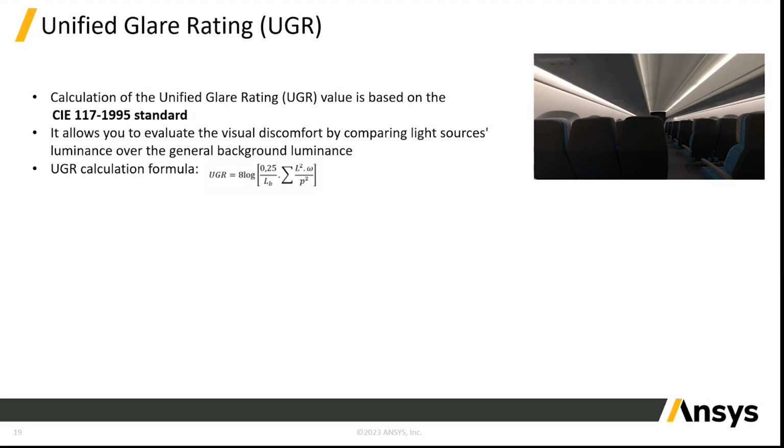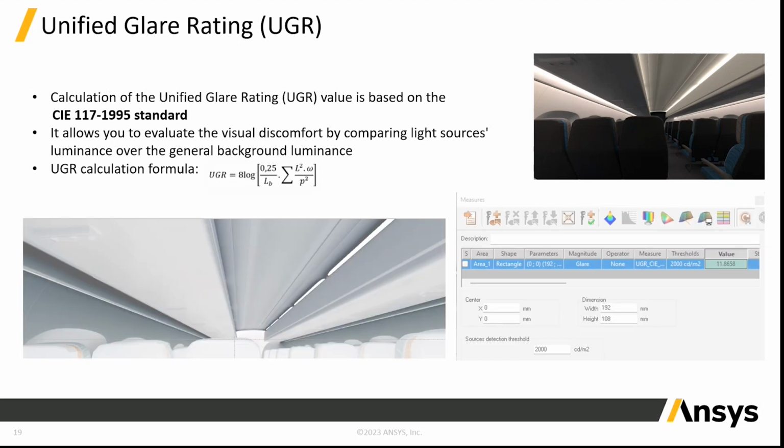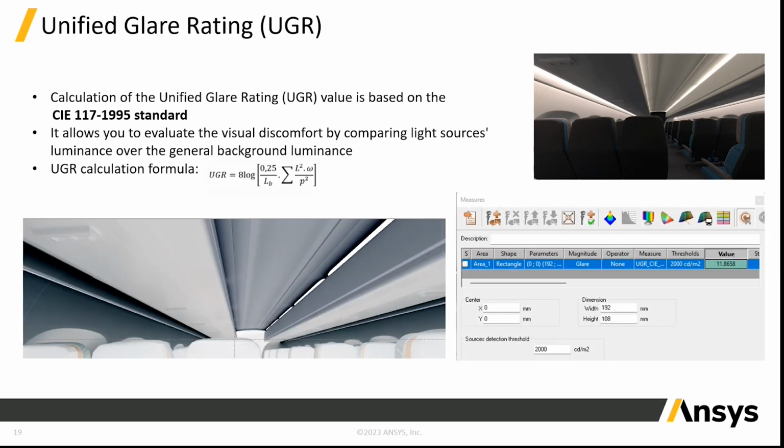Now, in this example, it's from a passenger seat point of view. And for calculating the UGR value, you have to set a threshold, so candela per square meter for the source detection, and then the UGR value is automatically calculated by the formula and shown in the measures.